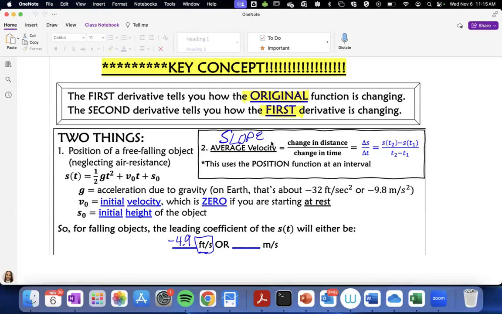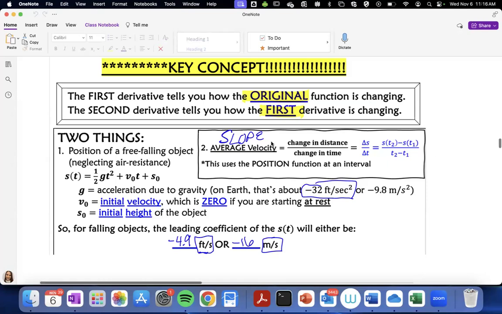And in feet per second, it's negative 32 feet per second squared, so times 1/2 is negative 16. So when you see meters, it's always going to be negative 4.9, we just round, and for feet, it's always negative 16. That's your leading coefficient for falling objects.